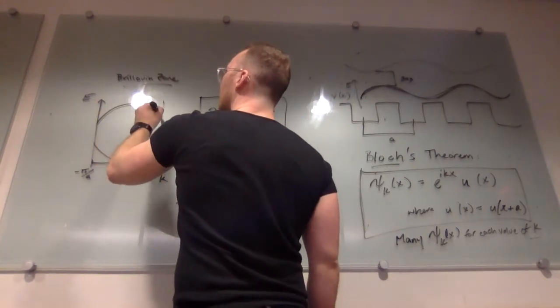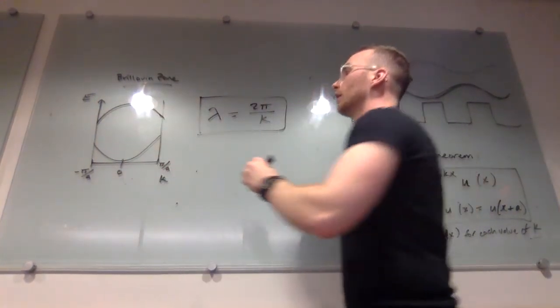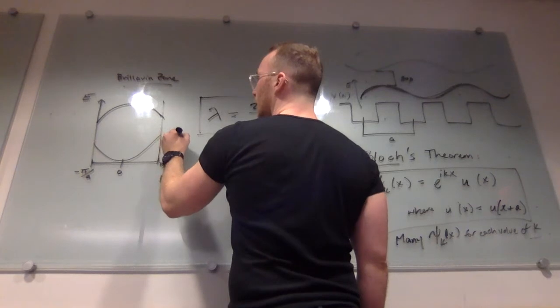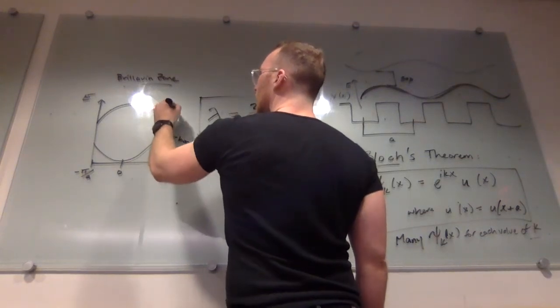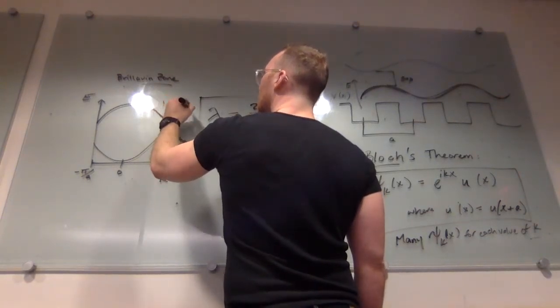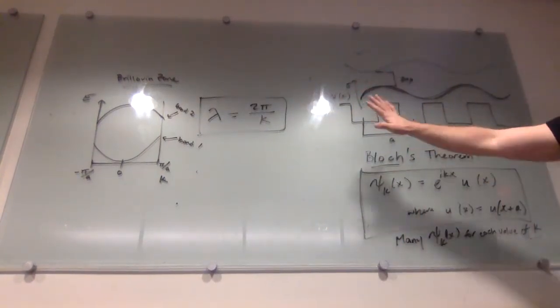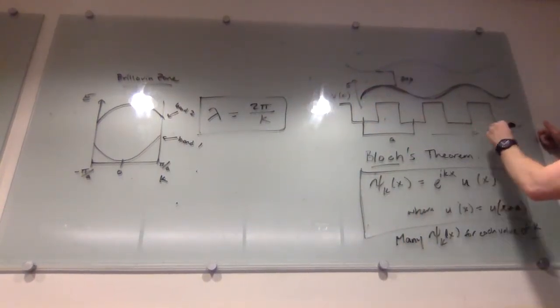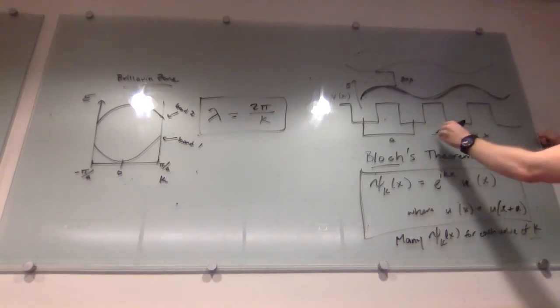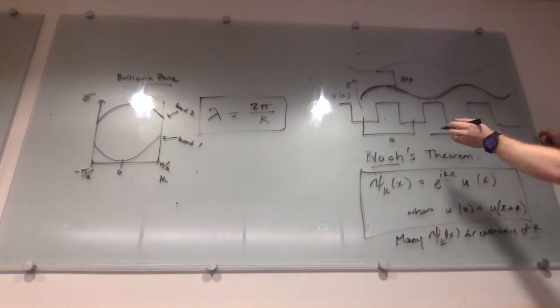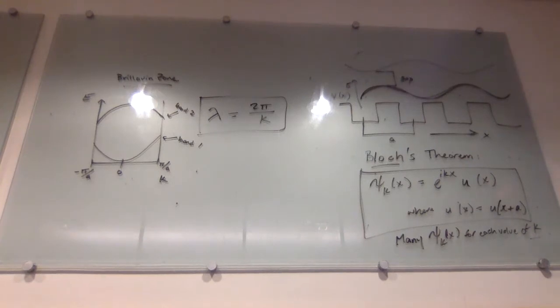This is like a picture in the book, I think. So this is like band 1. And now I'm going to shift from x here. The x-axis is x, and I'm drawing it as a period.